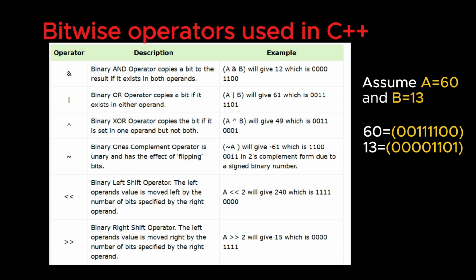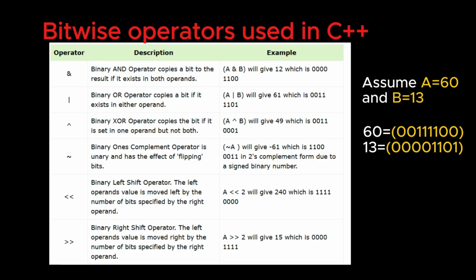So the fifth one is the binary left shift operator. The left operand value is moved left by the number of bits specified by the right operand. For example, A left shift 2 will give us 240, which is 1111 0000.